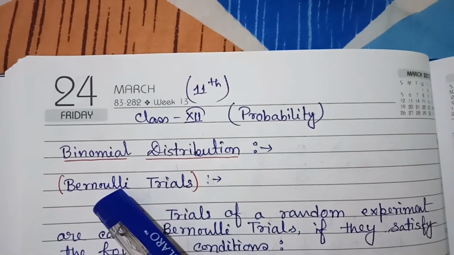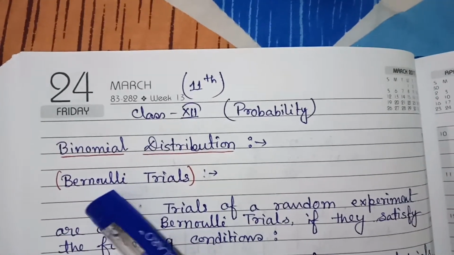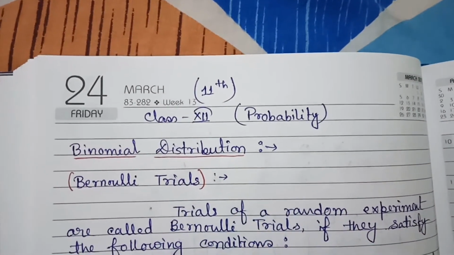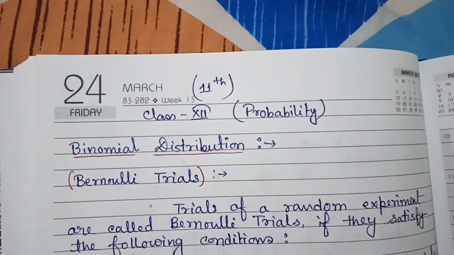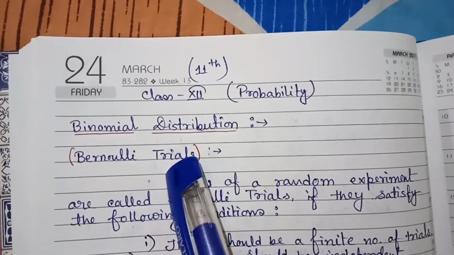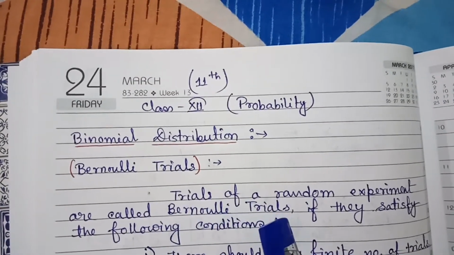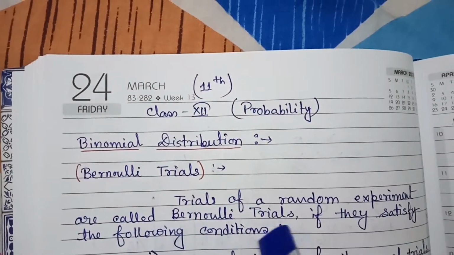Now Bernoulli was the name of a mathematician, so by his name these types of trials have been given the name Bernoulli trials. Which are called Bernoulli trials? Trials of a random experiment are called Bernoulli trials if they satisfy the following conditions.